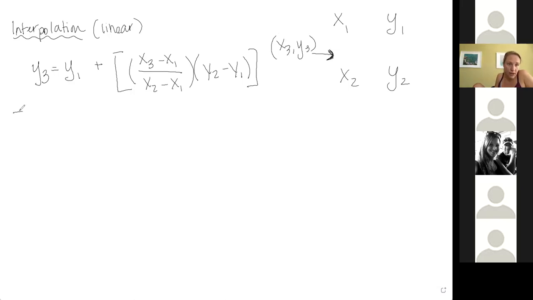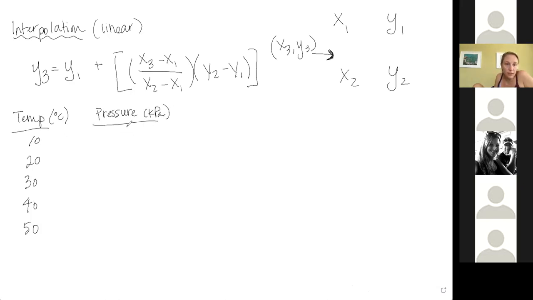For instance, if we had a temperature chart, and we had this in degrees Celsius, we have 10, 20, 30, 40, and 50. We have some corresponding pressure. We're going to do this in kilopascal.